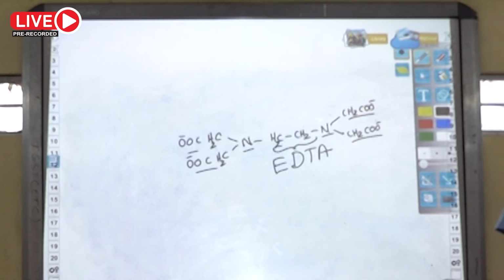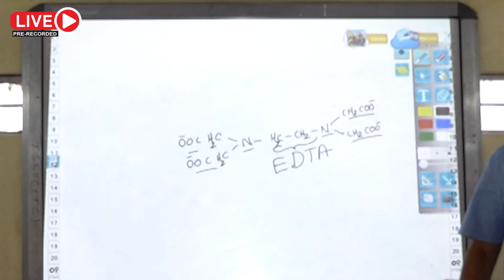Later, doctors give emetics. Emetics means vomiting agents, which create vomiting. So through vomiting, the person will totally expel the poison which he consumed in the form of a complex. That complex is formed by EDTA.